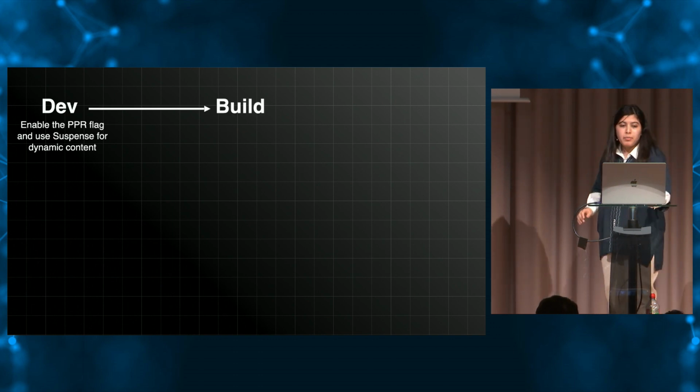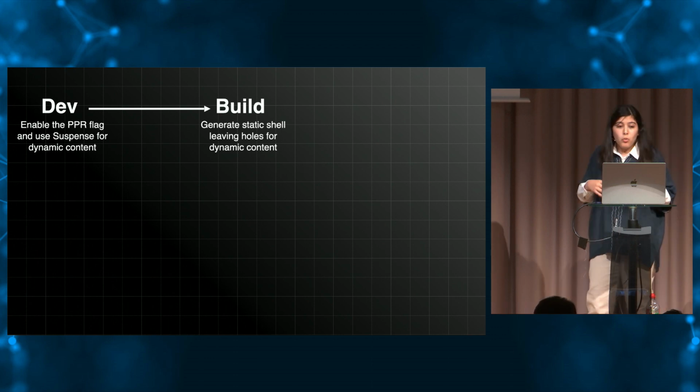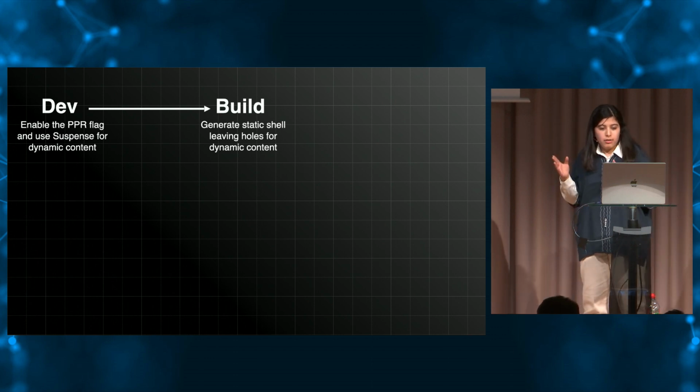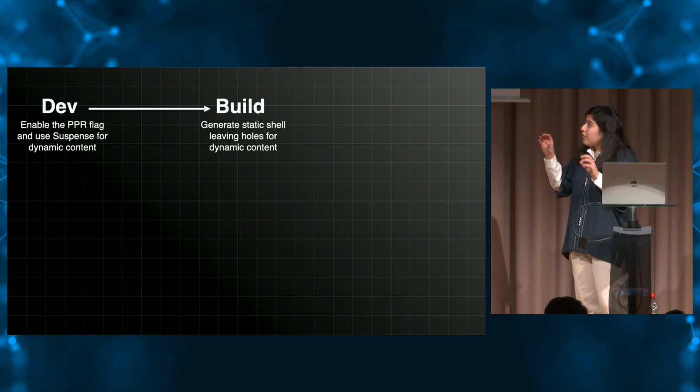After that, at build time, our Next.js server will try to render the pages in our project, and it will generate a static shell for each page of your app, leaving some kind of holes for dynamic content.